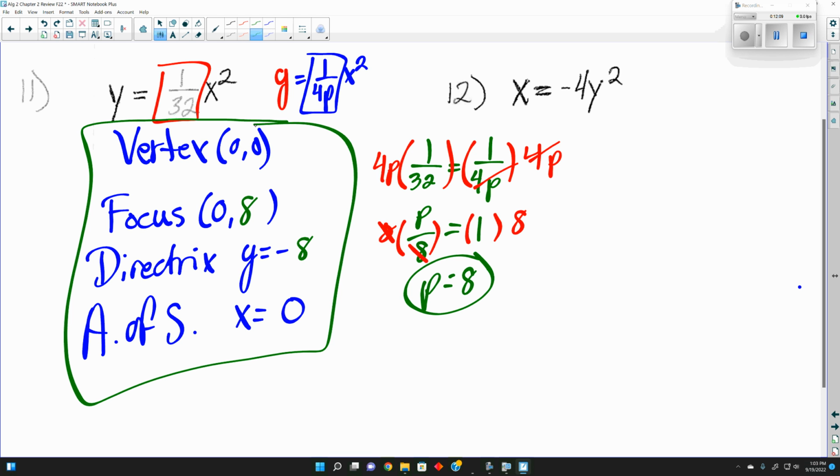And the directrix for this form here is y equals negative p. Again, all of the general forms are included on the back. If you want to add that the vertex is 0, 0, you can, because we did not talk about any of the ones where the vertex was away from 0, 0.